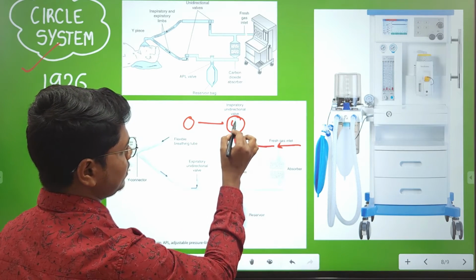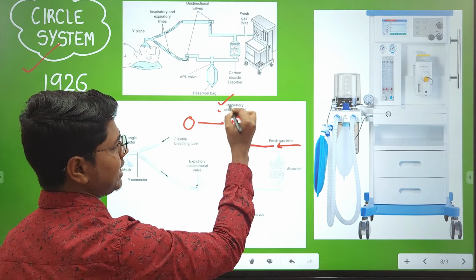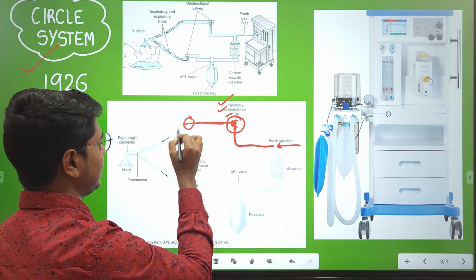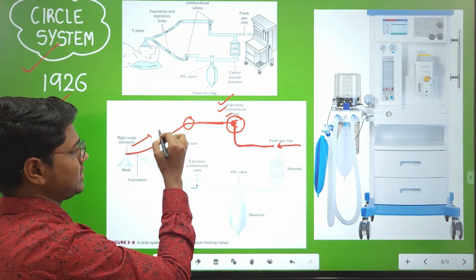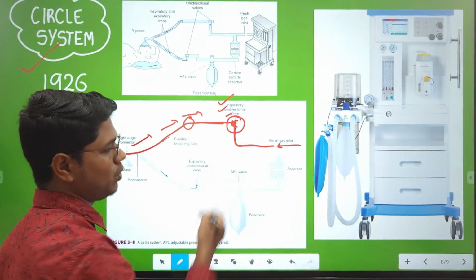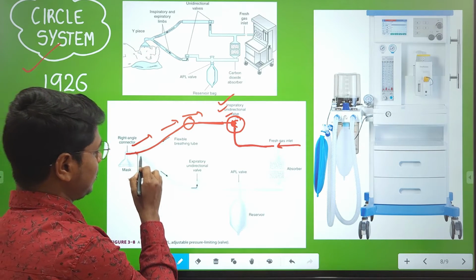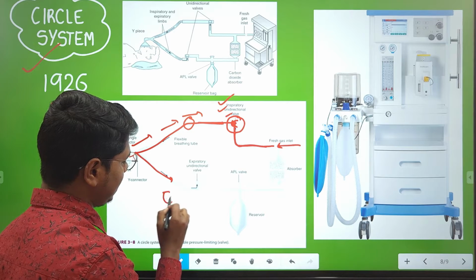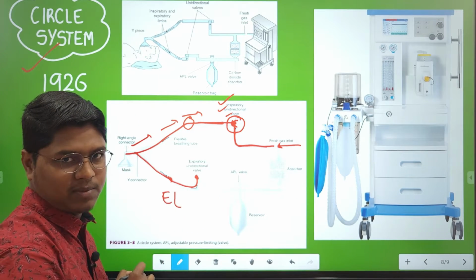So the gas will move through this inspiratory unidirectional valve and go like this into the patient. When the patient exhales, some will go through this inspiratory limb, but it cannot go further because of the presence of this unidirectional valve. So it will go to the expiratory limb and move through the expiratory unidirectional valve.